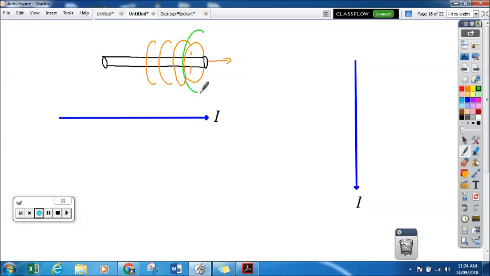So there's a bigger one up here and a bigger one there. And these are concentric circles around the wire. And it becomes really confusing to draw it that way. So what we're going to be doing is we're going to use dots and crosses. A dot is going to be where the field is directed out of the page.